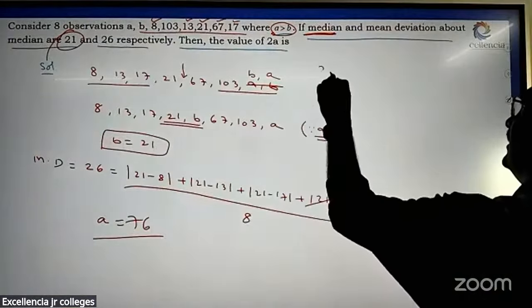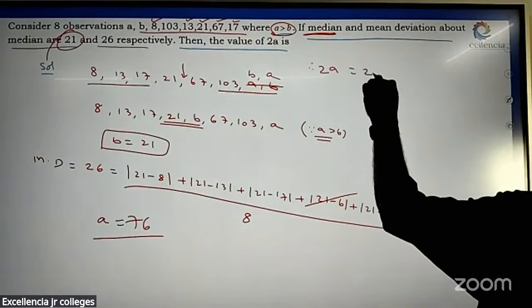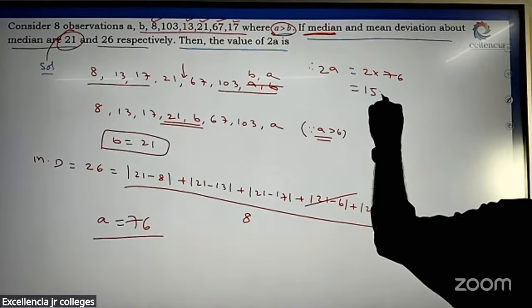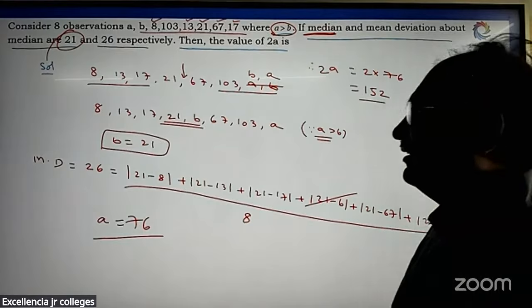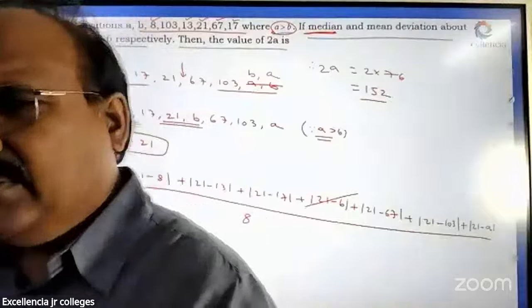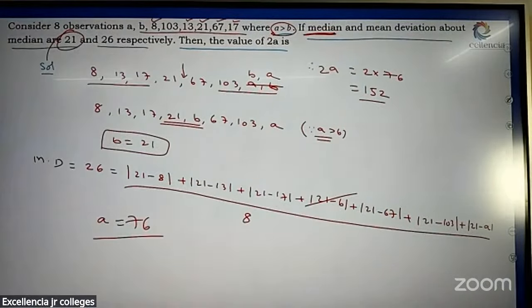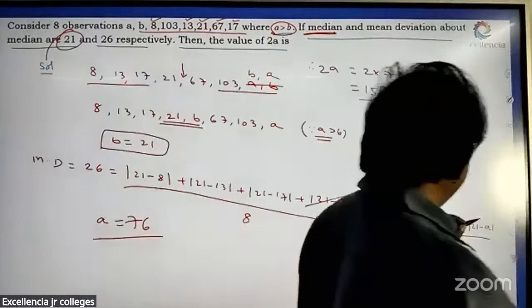Therefore, I can say 2A is equal to 2 into 76. The answer for this is 152. Easily you can find. So using mean, median, mean deviation, how do you find? We did many questions. So this is also one of the important models for examination.